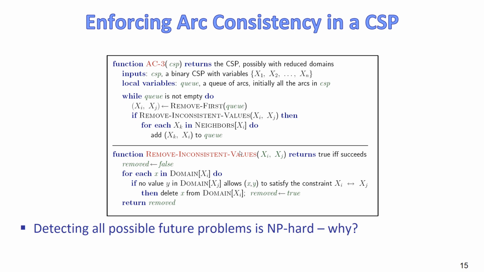Within filtering, we discussed two ideas: forward checking, where whenever we assign a value, we check the arcs between that variable and the unassigned variables, and also discussed last time arc consistency, where we check all the arcs.